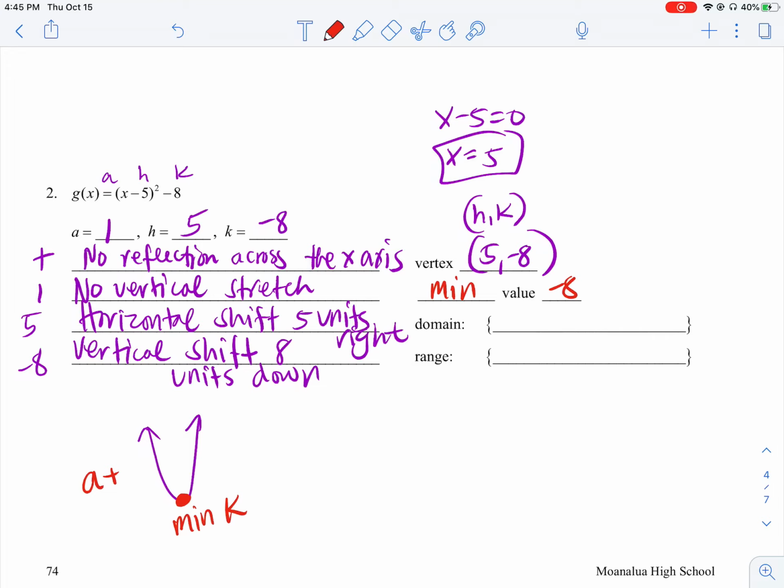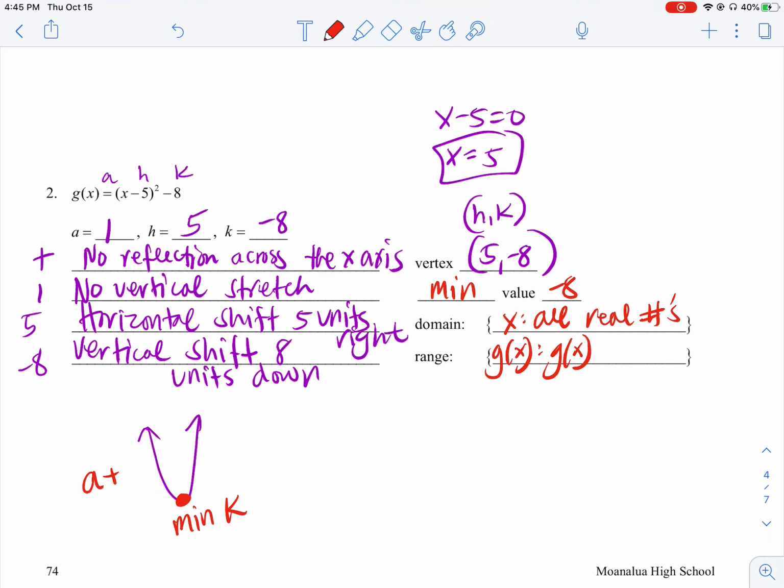Now, because we have a minimum value of negative 8, let's put our domain first. Our range would be g of x. Is it less than or equal to the k value, or greater than or equal to the k value? We said that in this function, our minimum value is negative 8.